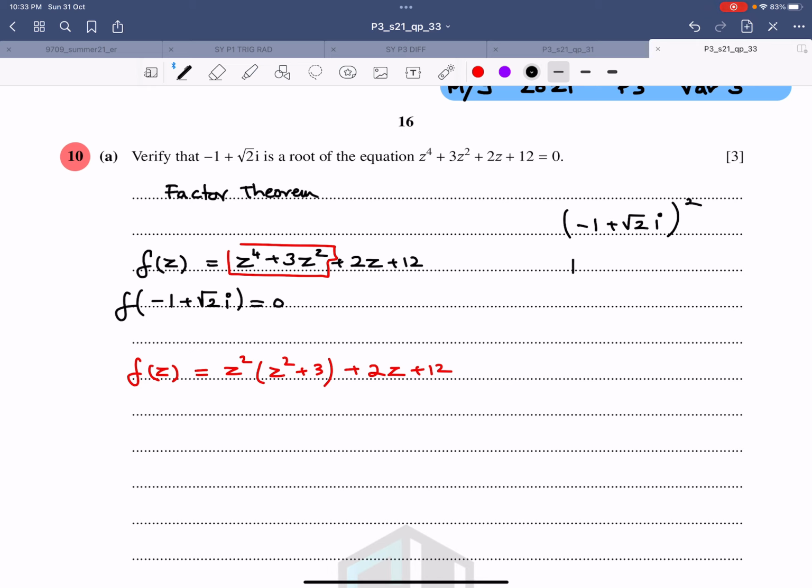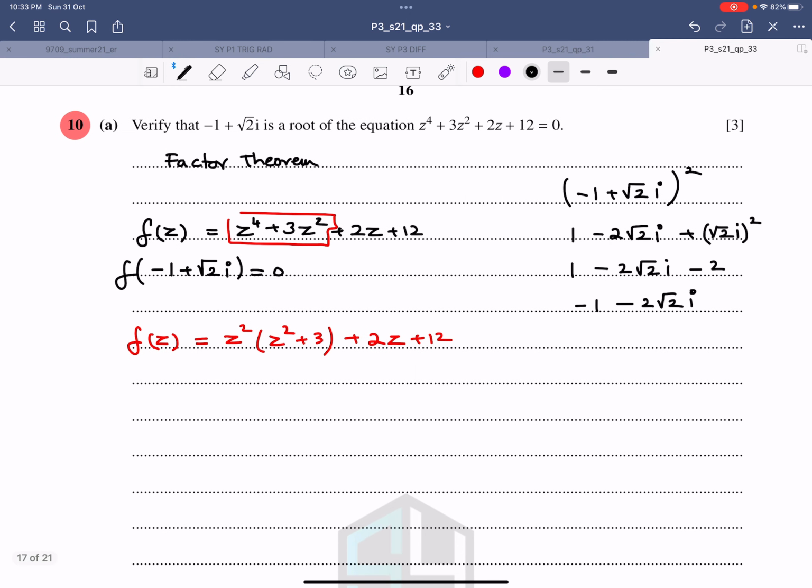This is 1, and this is 2 into minus 1 into root 2i, that is negative 2 root 2i, and this is root 2i, the whole thing squared, which is 2i square, which becomes negative 2. So therefore this is negative 1 minus 2 root 2i after squaring.